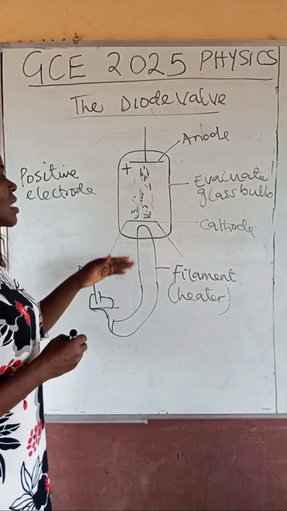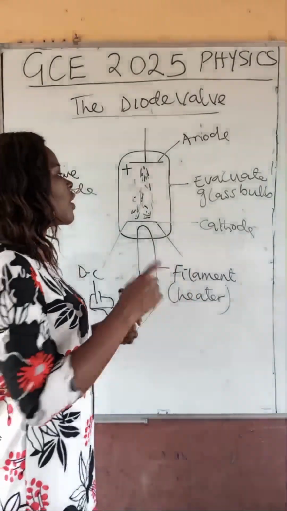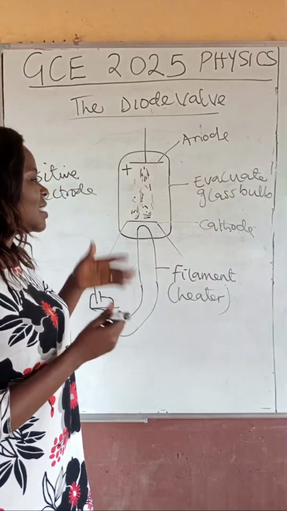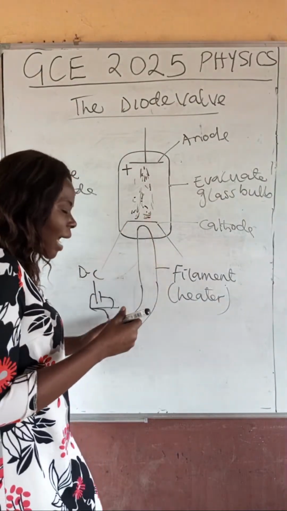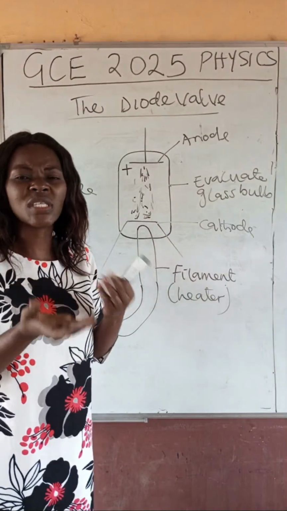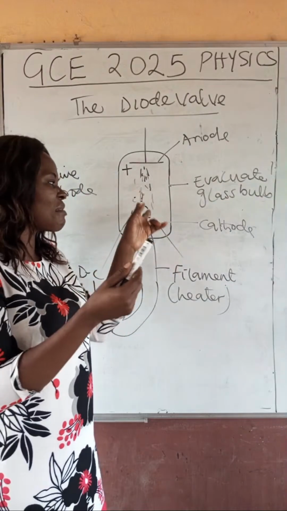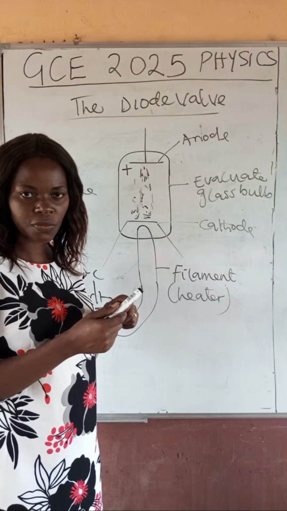Now, because this cathode is producing the heat, current cannot flow back. I don't know if you get it. This cathode is producing the heat, so current and electrons cannot flow back because it is the one producing them. So it's going to flow outside, that is emission. It's going to emit from the surface of this and flow through this direction.